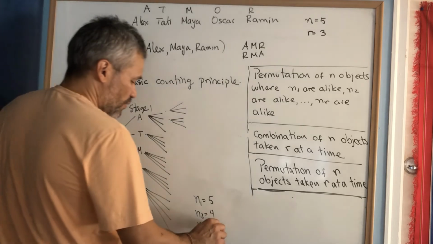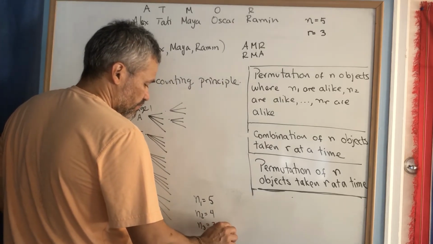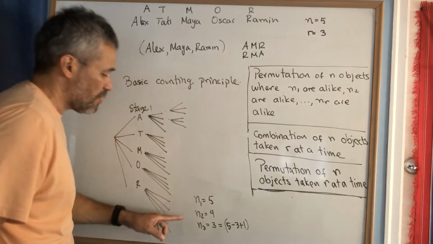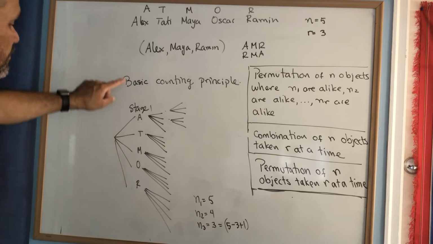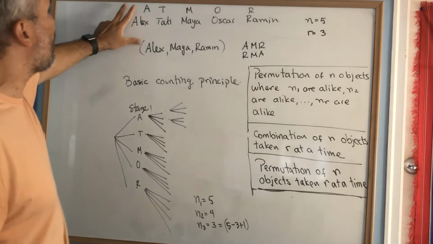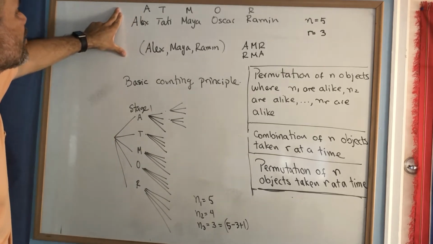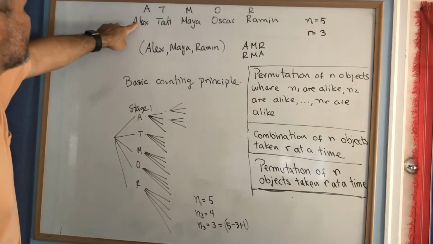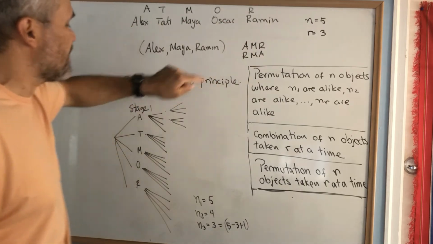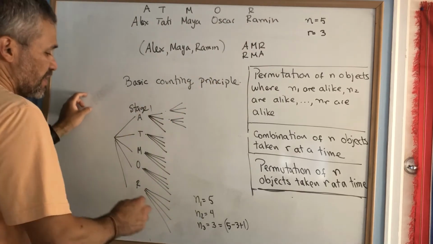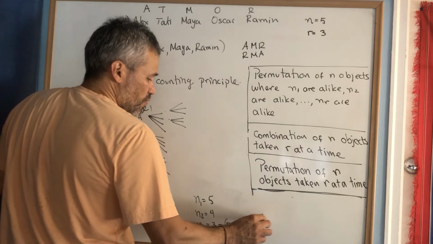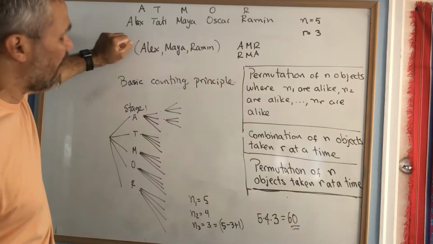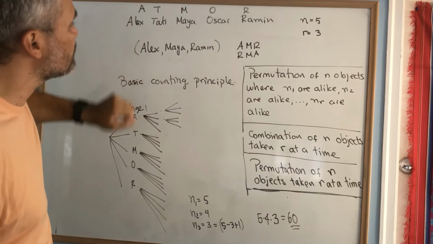Notice that this 3 is 5 minus 3 plus 1. So if we wonder how many possibilities there are for first, second, and third among these 5 people doing a race, the number is 5 times 4 times 3, which is 60. We have 60 different types of results.